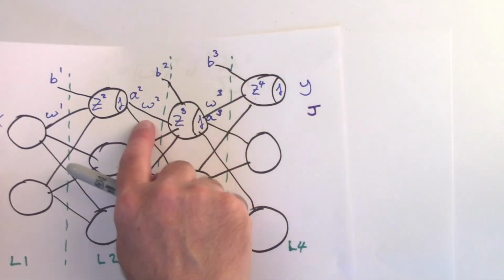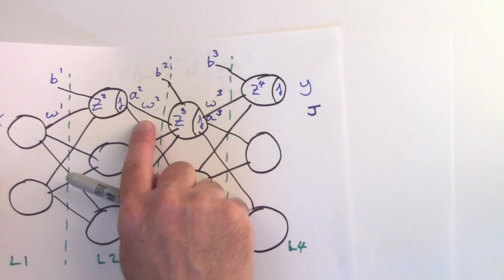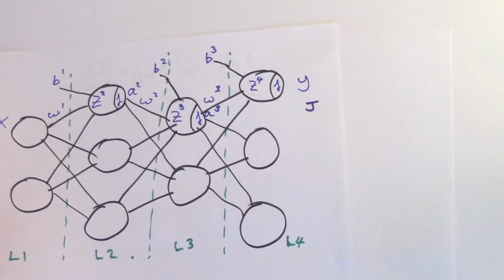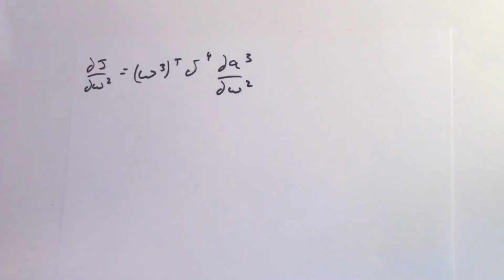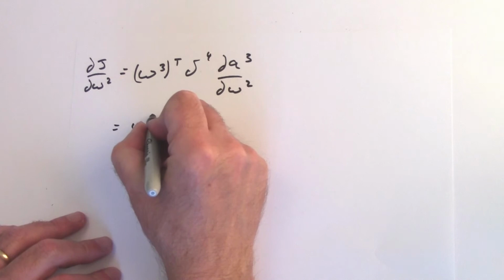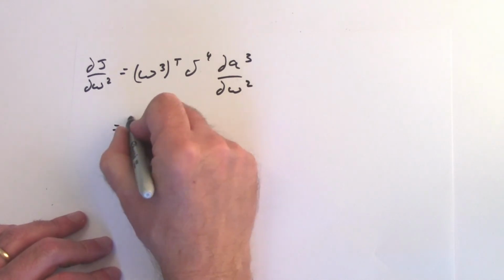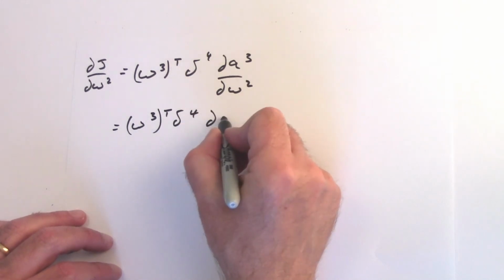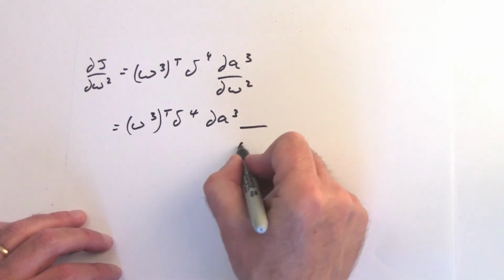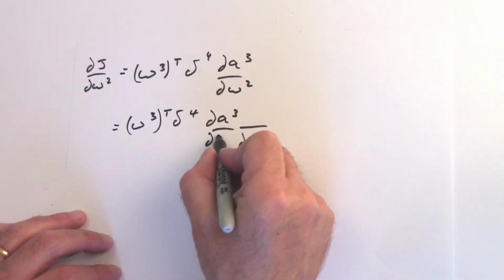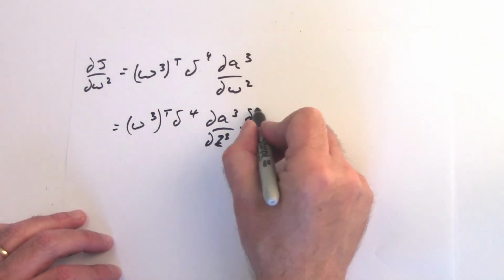What we need to do is use z3 as the dependent variable now. So this becomes W3 transpose del 4 dA3 by dz3 times dz3 by dW2.